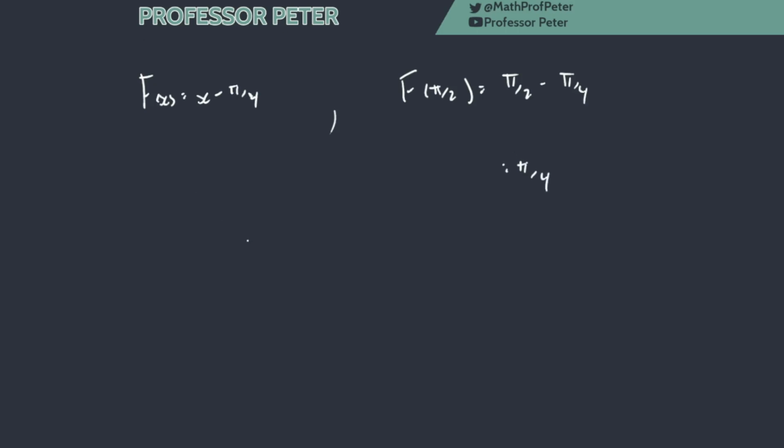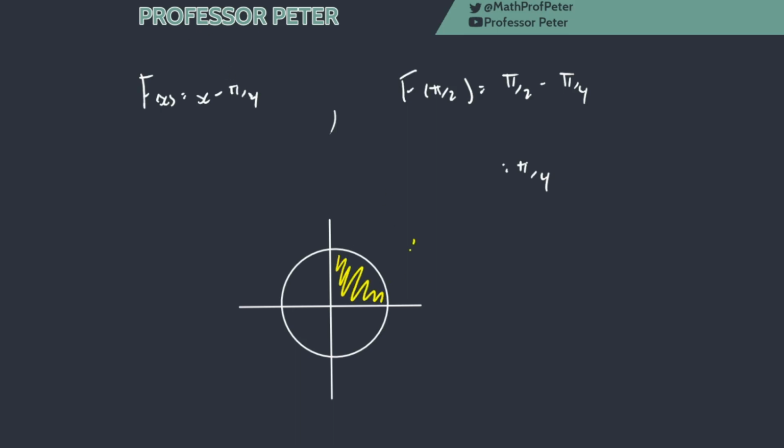So what this says is for the unit circle with radius 1, this area right here is pi over 4. And I'll draw in this radius so we make sure we know r is equal to 1 on this.